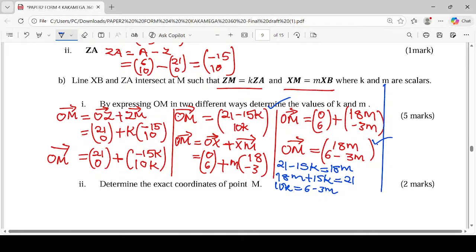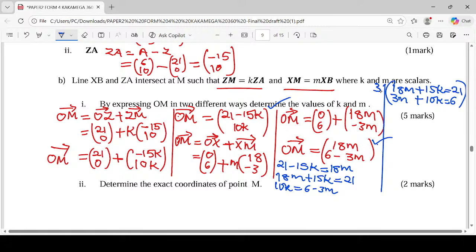Remember, the first equation I found is 18m plus 15k equal to 21. Then here, I'm also having 3m plus 10k equal to 6.